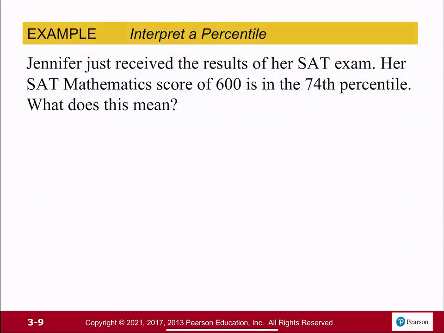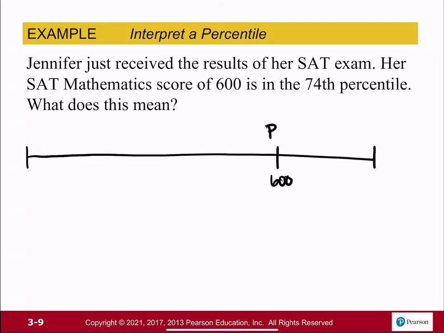All right, now looking at this, Jennifer just received the results of her SAT exam. Her SAT mathematics score of 600 is in the 74th percentile. So what does this mean? I'm not exactly sure what the highest you could score on the SAT is, but the score of 600 is at the 74th percentile.